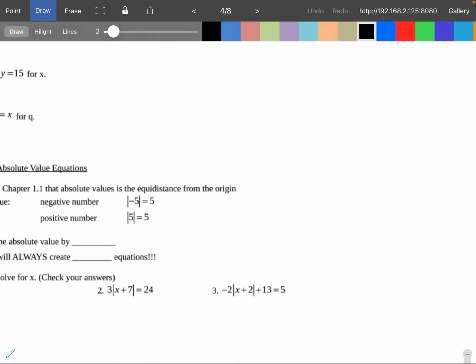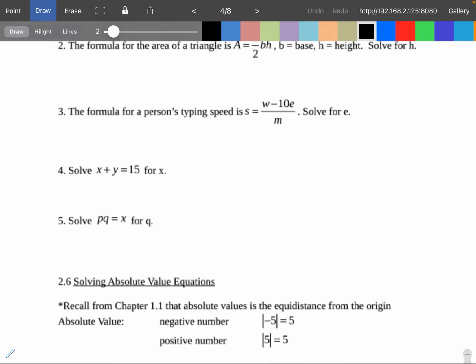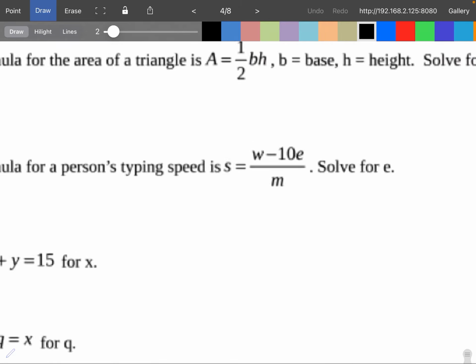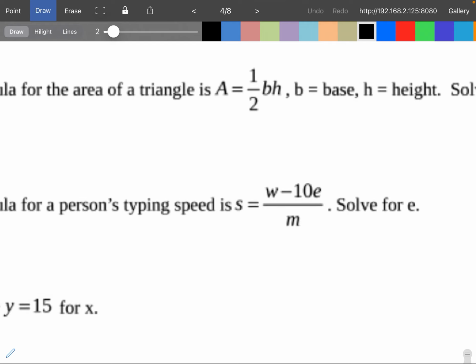All right. Let's go to the next page. We've got 4 more examples here. The next one, we have the area formula for a triangle. It says the area is 1/2 times the base times the height.